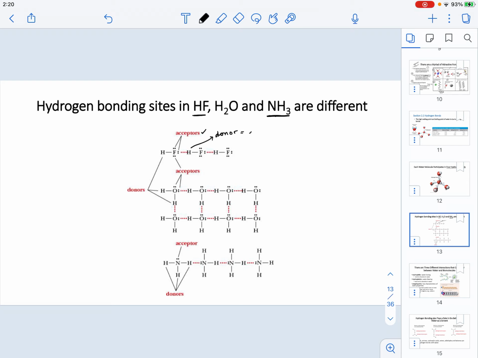A donor is a hydrogen atom that interacts with a delta minus of a molecule.